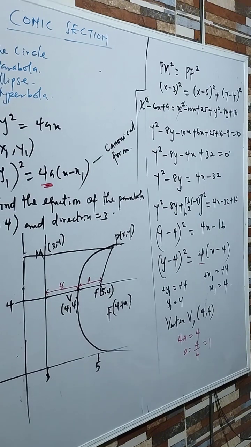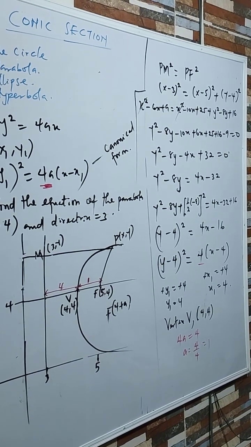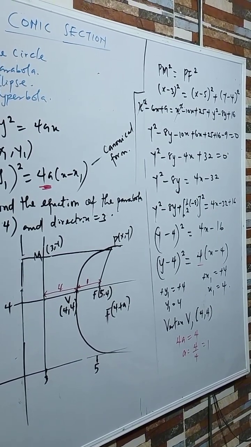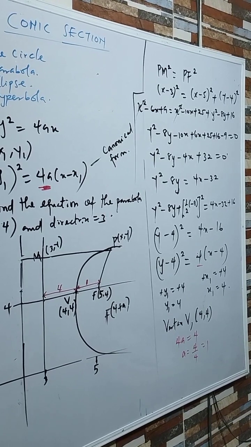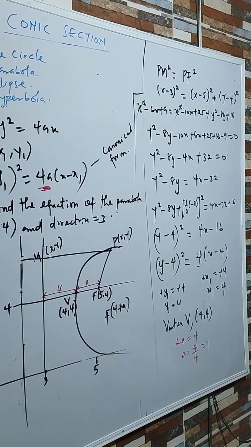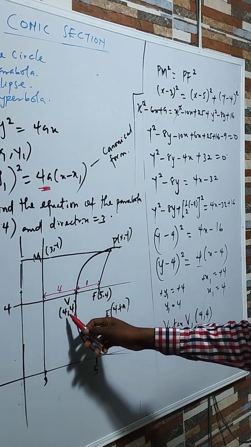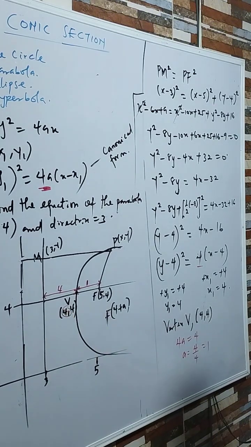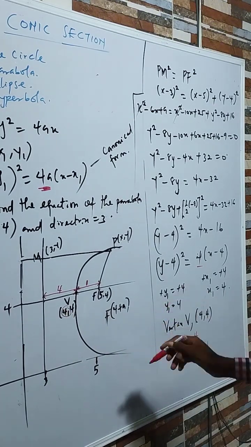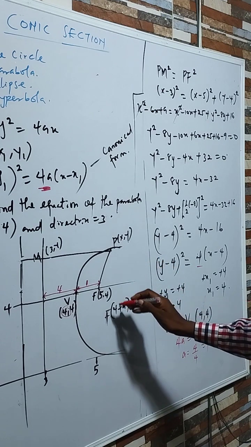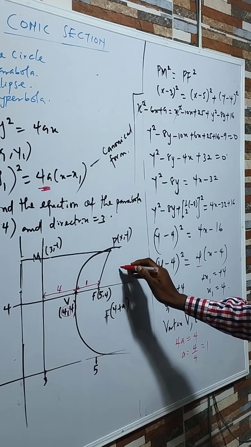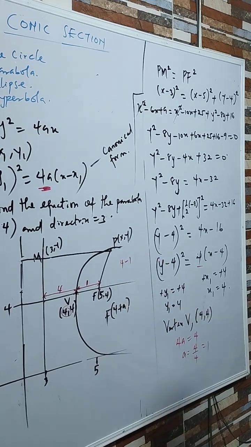If you look at this carefully, you observe that the directrix being 3 is very simple. If our vertex is 4, then the directrix is 4 minus 1.